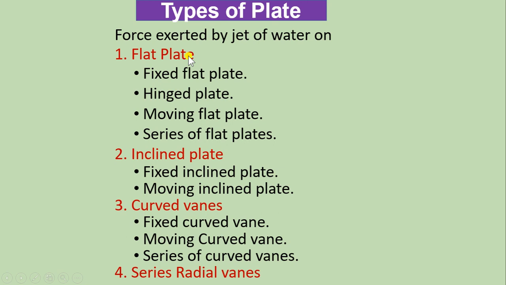Now flat plate is subdivided as fixed, hinge, moving, and series of flat plates. Inclined plate is again divided into fixed and moving inclined plate. Curved veins are subdivided as fixed, moving, and series of curved veins. Series of radial veins is used in Francis reaction turbine.